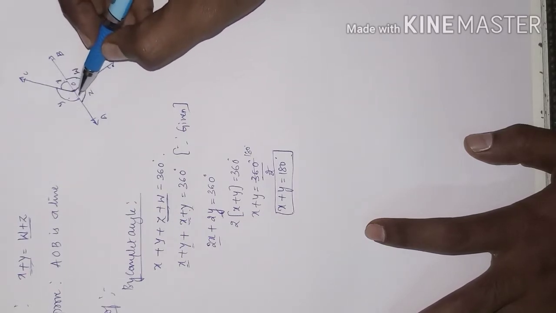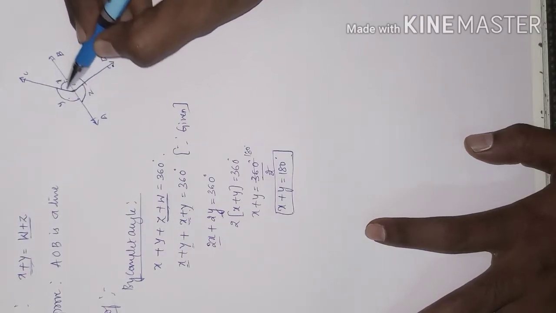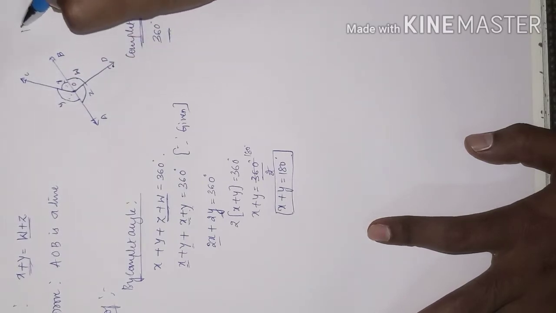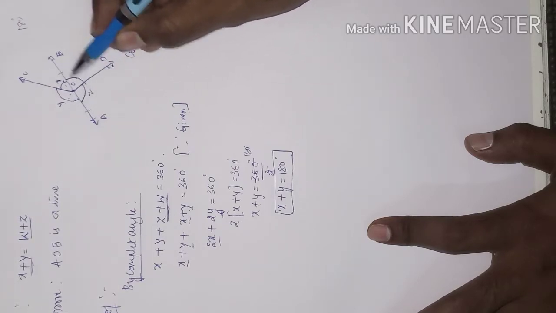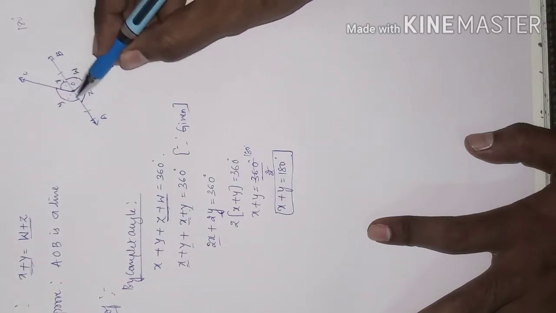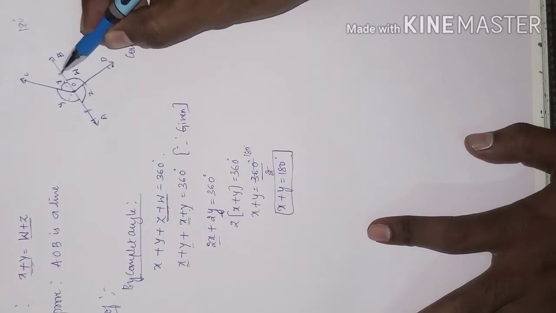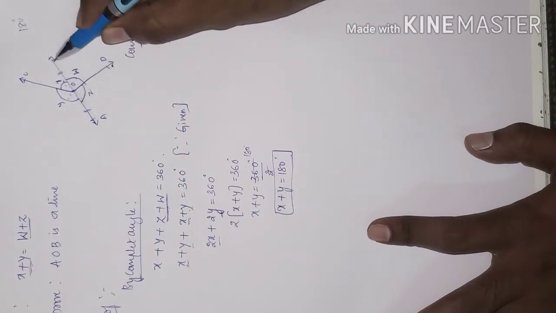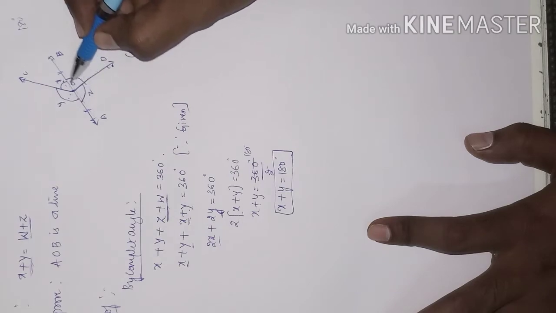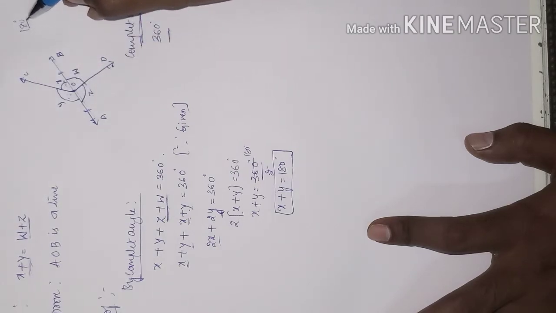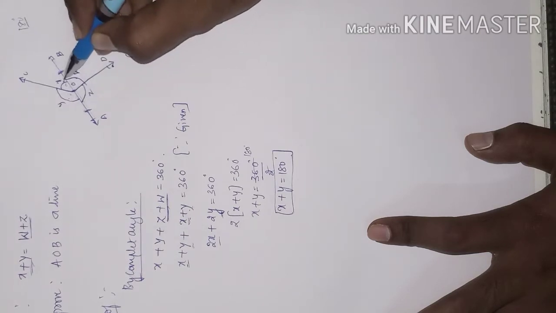If the sum of two adjacent angles is equal to 180 degrees, then the non-common arms of the angles form a line. Once again I will repeat it: if the sum of two adjacent angles is equal to 180 degrees, then the non-common arms of the angles form a line.